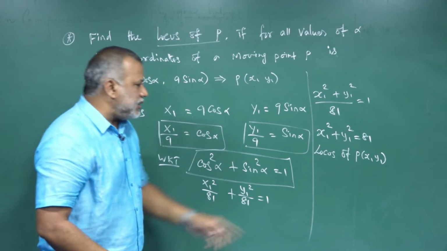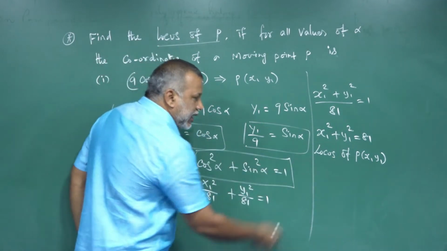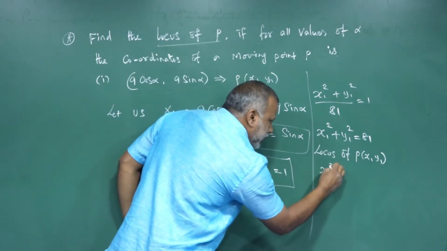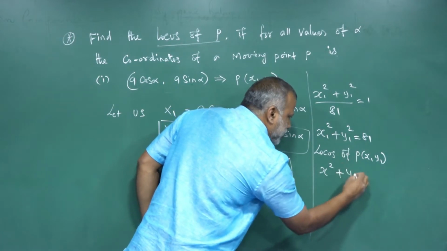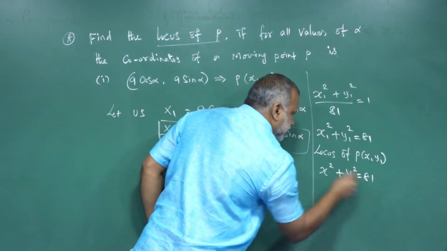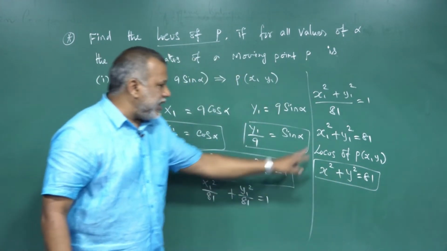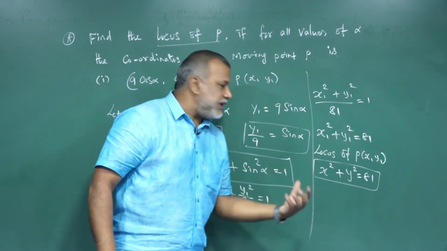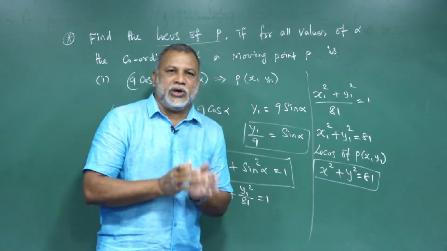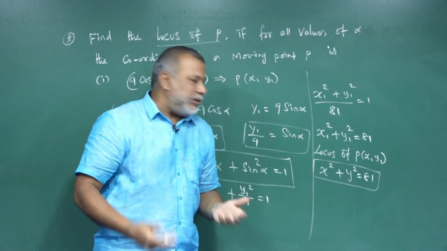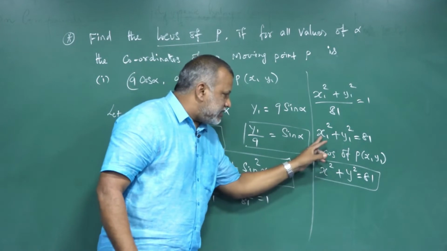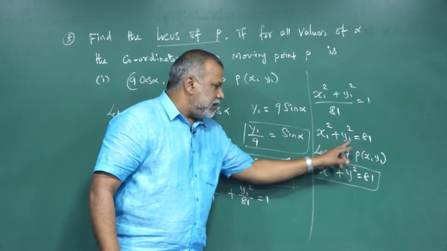Move means we can get the locus of P. Instead of x1 comma y1, which is a fixed point, x comma y is a variable point, that means a moving point. So x1 becomes x, y1 becomes y, and we get x squared plus y squared equal to 81.